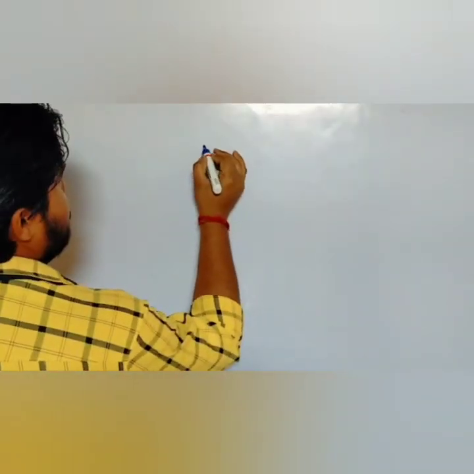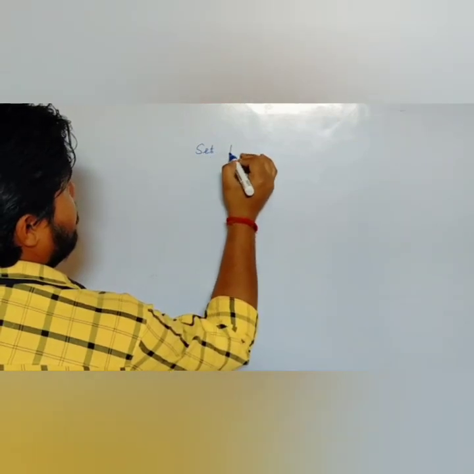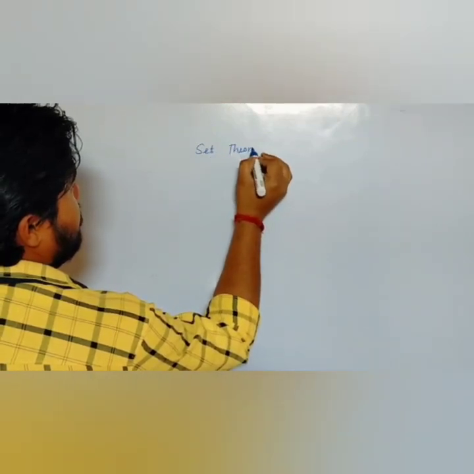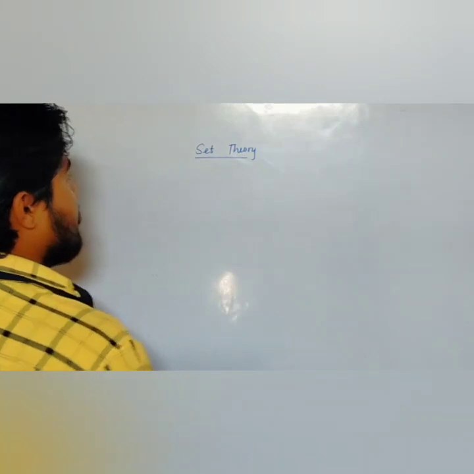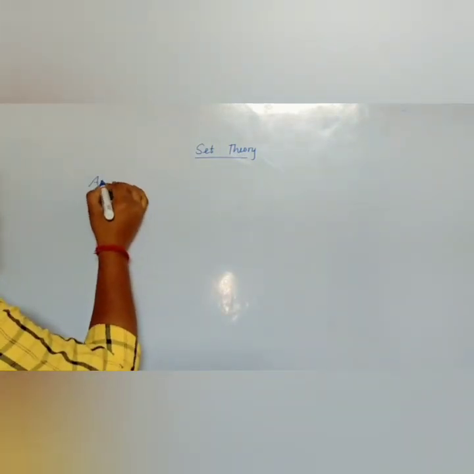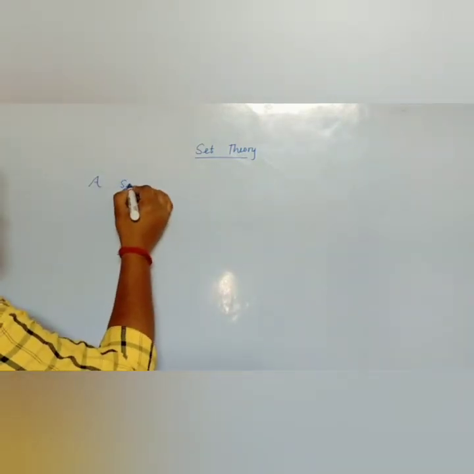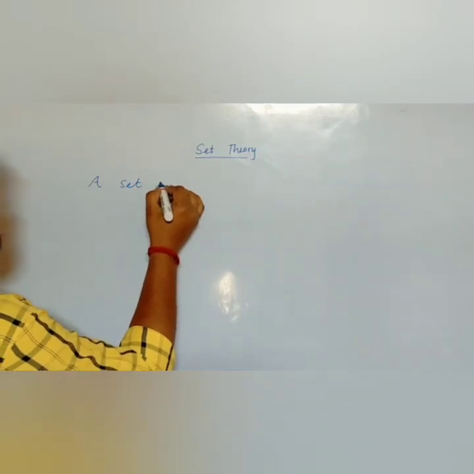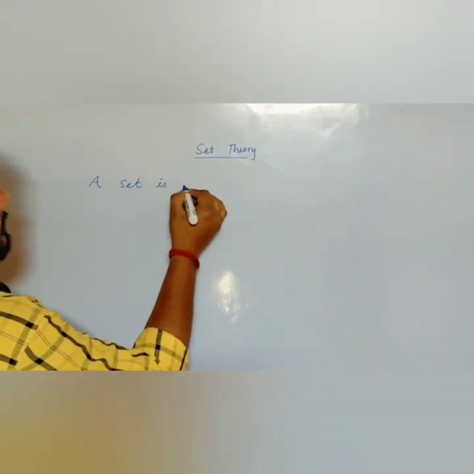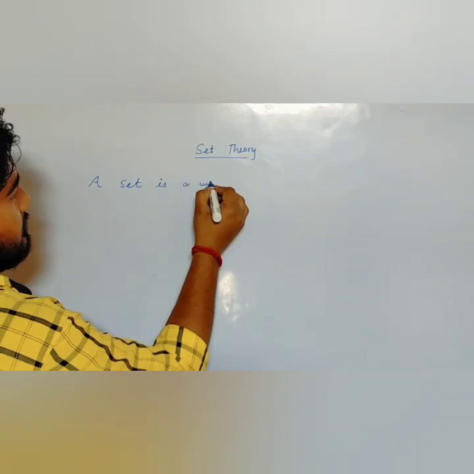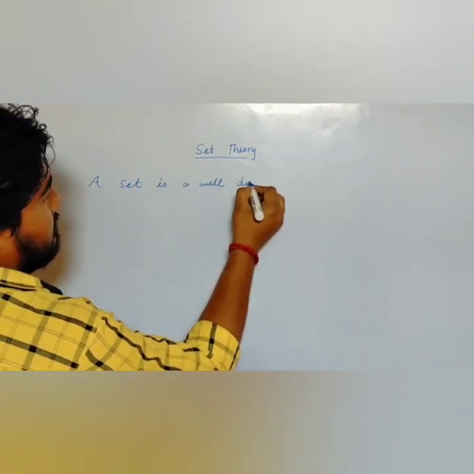Today I am going to discuss set theory. So this topic, let me explain. This is the set theory. Set theory, first of all, define this topic. A set is a well defined collection of objects.